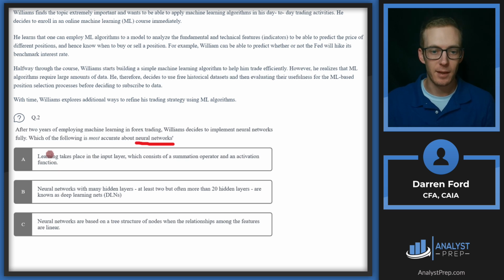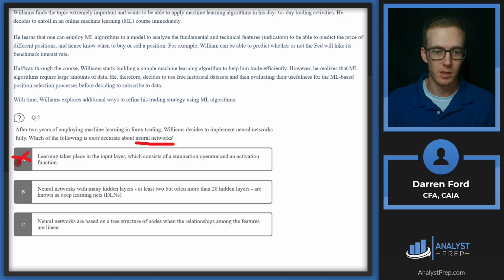So looking at A, learning takes place in the input layer, which consists of a summation operator and an activation function. This is going to be incorrect. Neural networks have 3 types of layers. They have an input layer, hidden layers, and an output layer. And this learning is going to take place not in the input layer, but in one of those hidden layers.